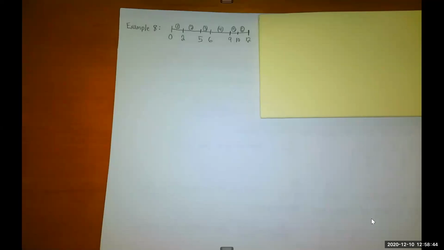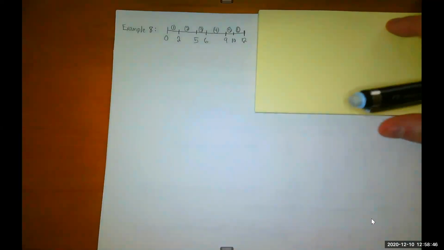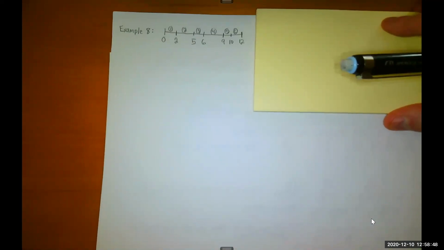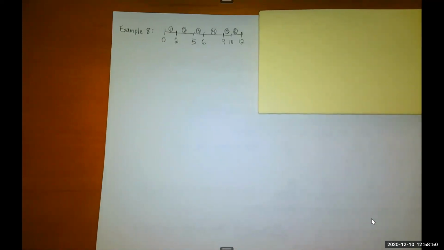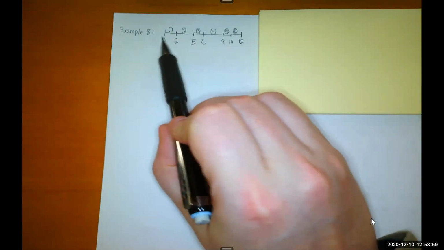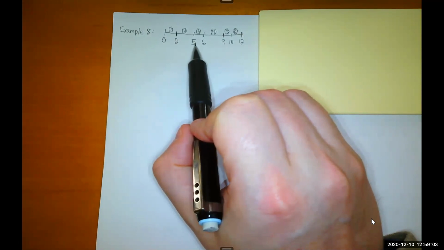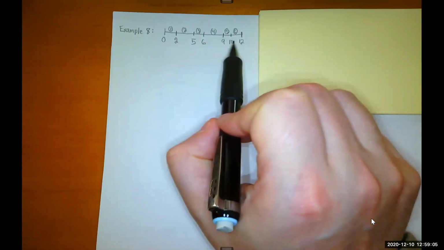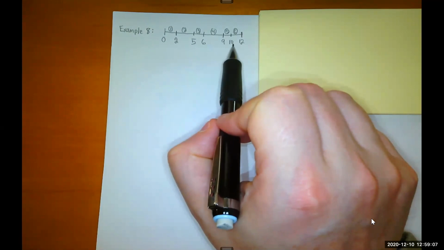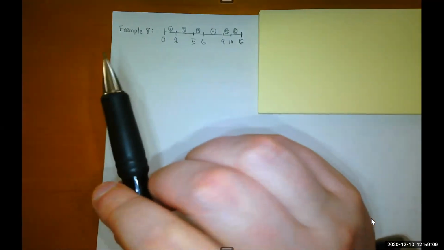Okay, so let's do this one. The input values in the table space out into 6 subintervals. Now they're not equal subintervals, but I could have 0 to 2 be my first subinterval, 2 to 5 be my second, 5 to 6 be my third, 6 to 9 be my fourth, 9 to 10 be my fifth, 10 to 12 be my sixth.